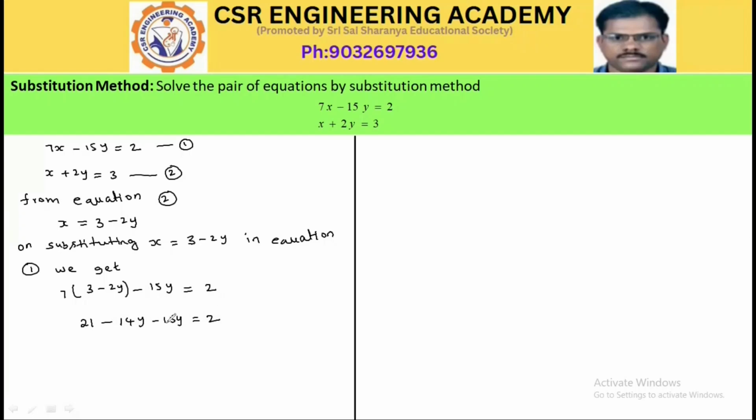Minus 14y minus 15y, that is minus 29y, is equal to 2 minus 21. Minus 29y is equal to minus 19.